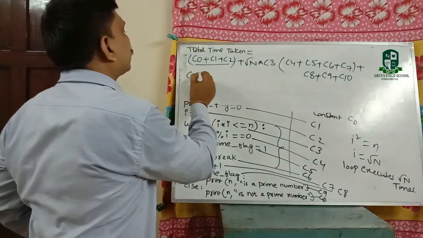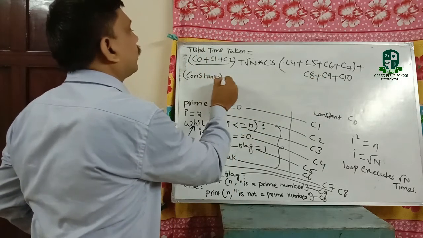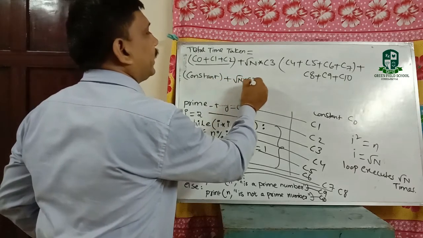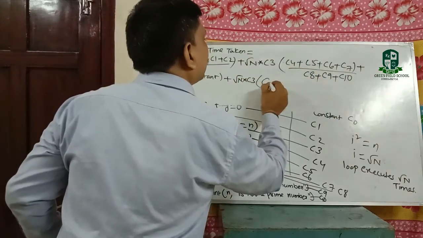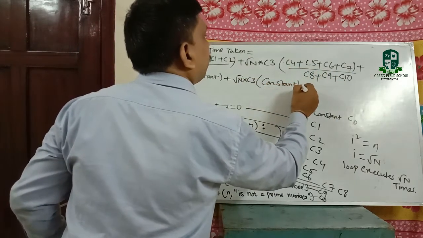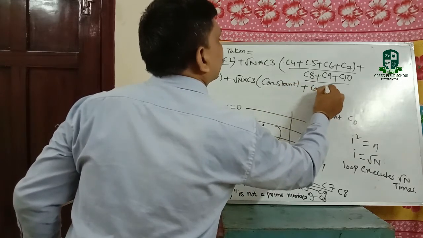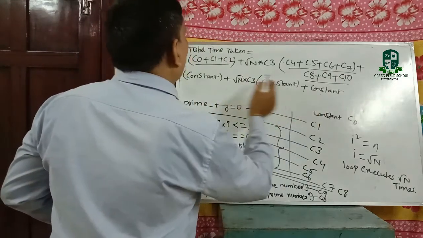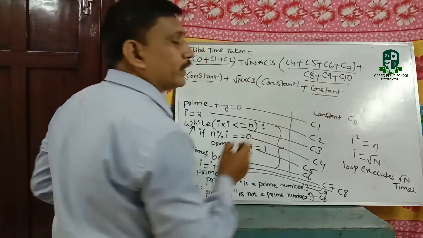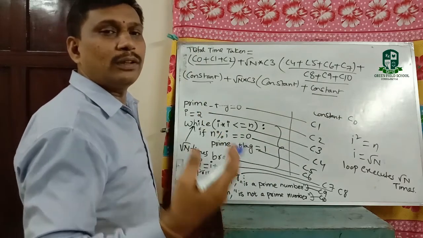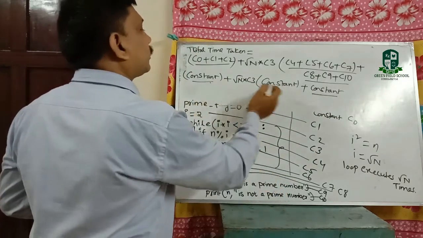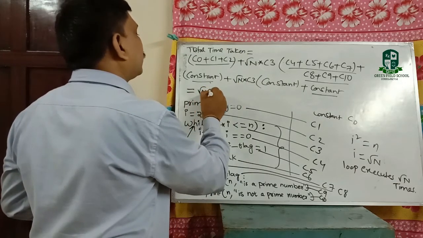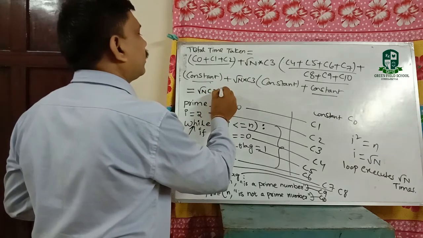So constant plus root n into C3, plus constants. Constant plus constant is equal to constant. So finally the answer is root n into C3 plus constant time.